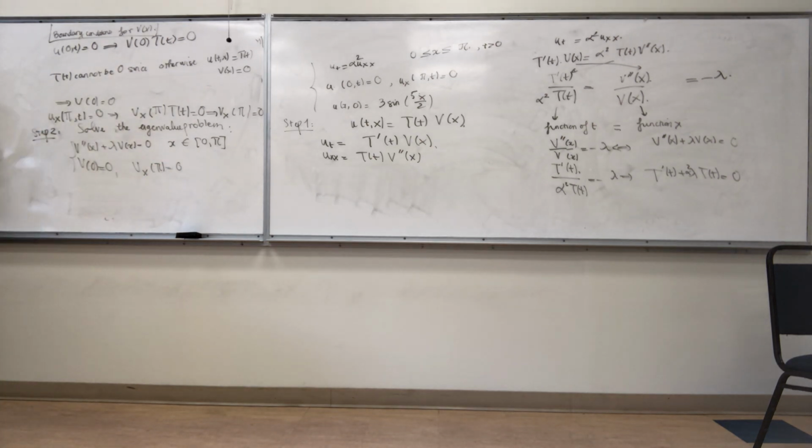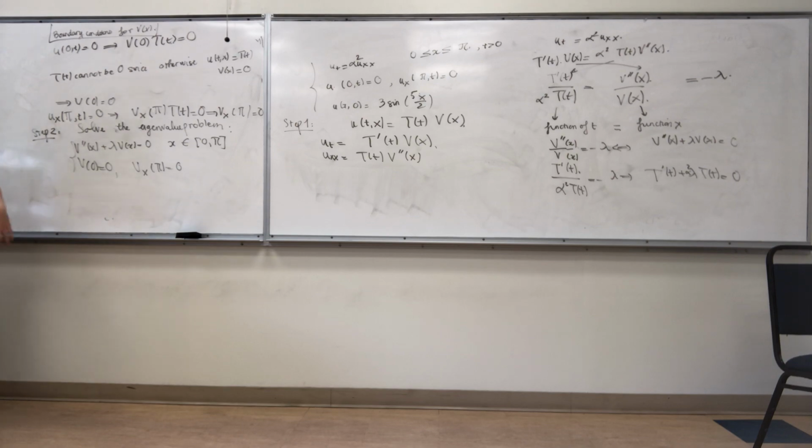The first equation is an eigenvalue problem because it is v'' plus lambda v is 0, with the conditions at 0 and at pi.